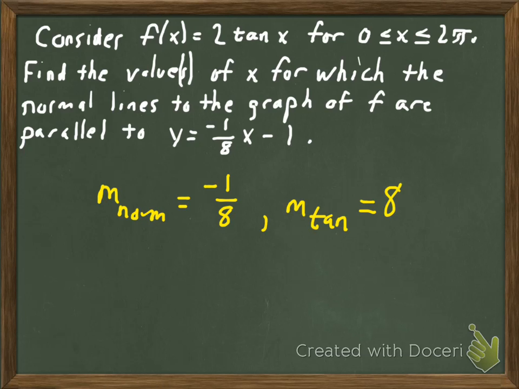And we want to find the values of x for which this curve f of x equals 2 tangent of x has a tangent with a slope of 8. Make some sense? Alright, so let's proceed and do that.